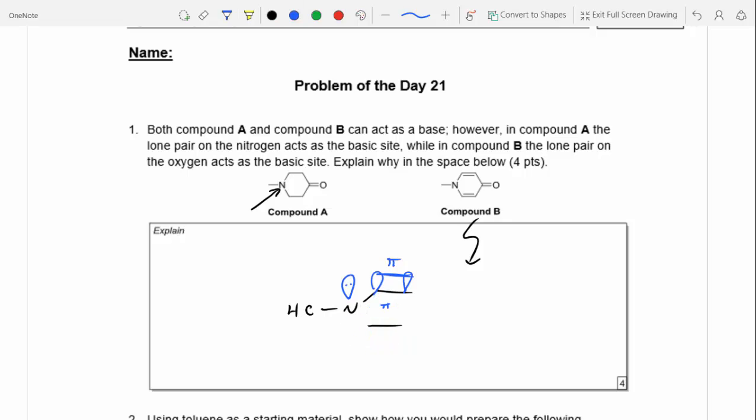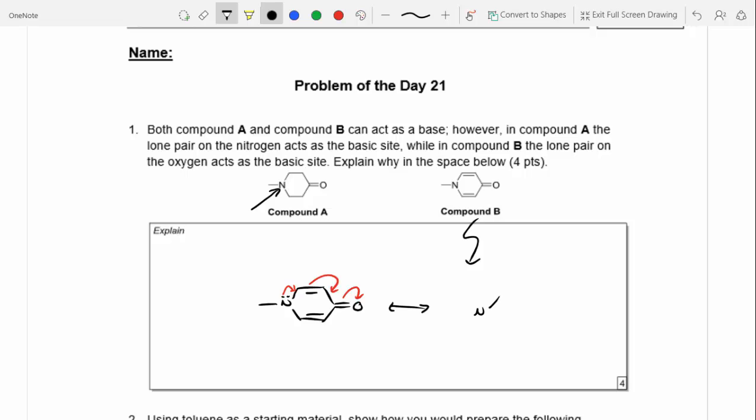Another way you can look at this, I'm just going to erase this really quick, is using resonance. We could say, all right, if we dump this electron pair down, we can dump this electron pair over and over.